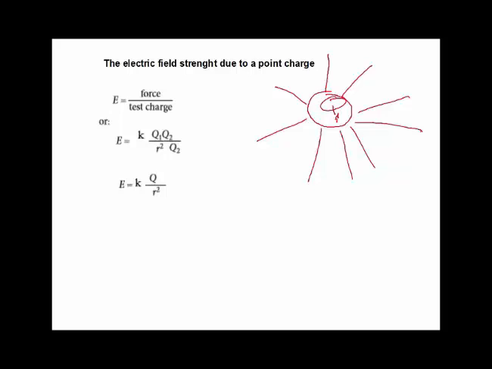If we have a test charge here, it should be a straight line, for example a small stationary test charge, which is Q2, and we want to calculate the electric field strength E due to this point charge.